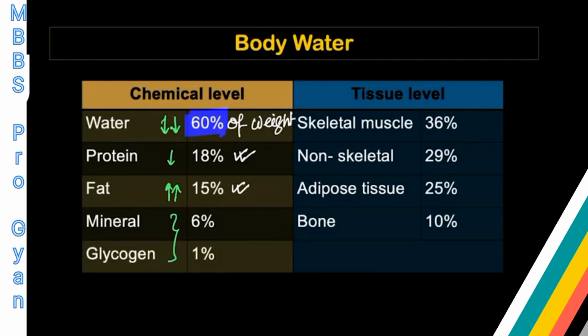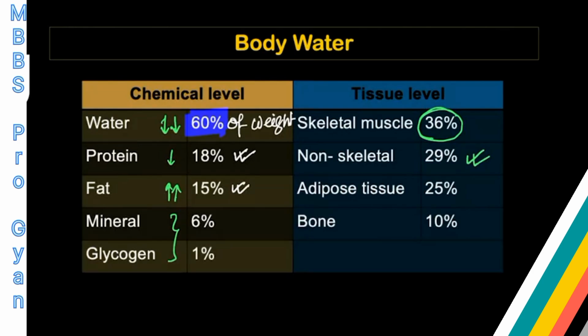Similarly, if you look at the body weight distribution according to different organ systems, most of the body weight of a person is due to skeletal muscle mass. 36% of body weight is due to skeletal muscle mass, right?